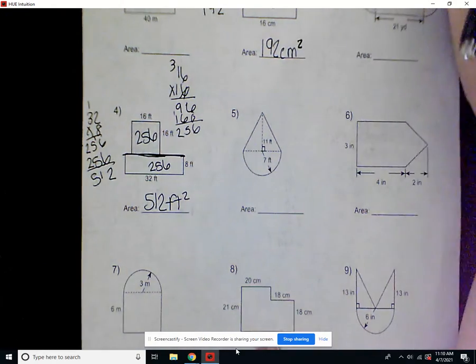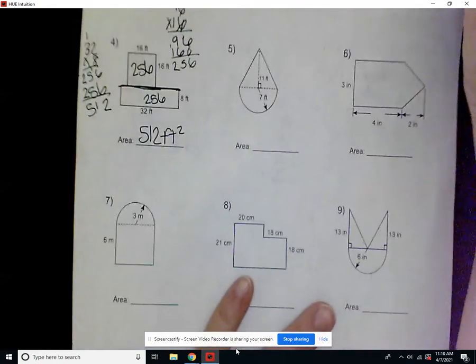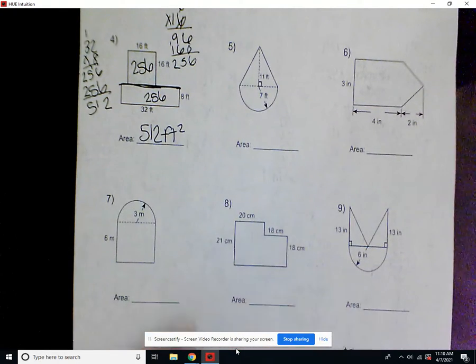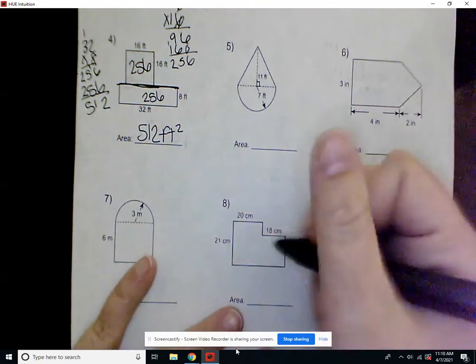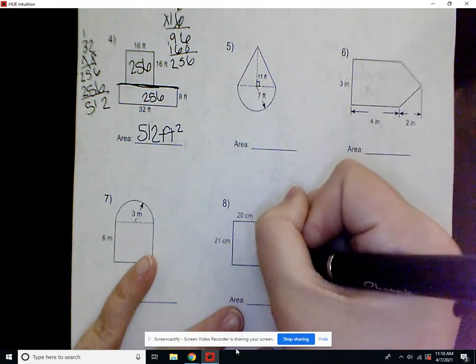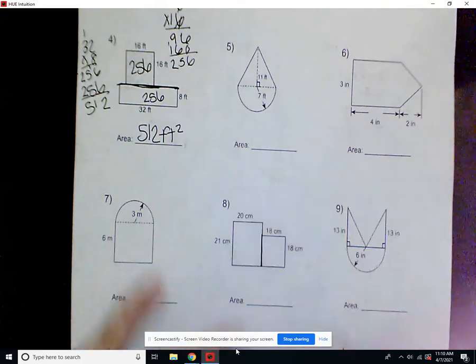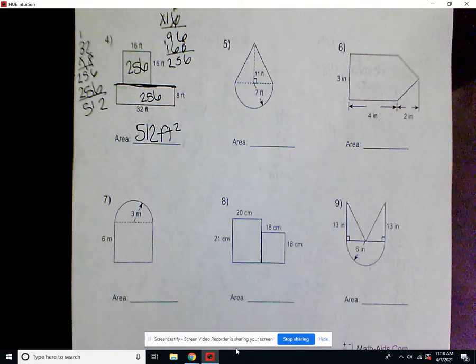Okay, so we'll look at our last rectangle one, number 8. Again, a little bit different. Find the numbers where they're the same side by side. In this one, we see 18 and 18. We're going to draw it a little bit differently this time, and it doesn't matter really where you draw it. Just be careful, because you may have to adjust some of your numbers on the side. We'll find the area of each shape and then add them together.